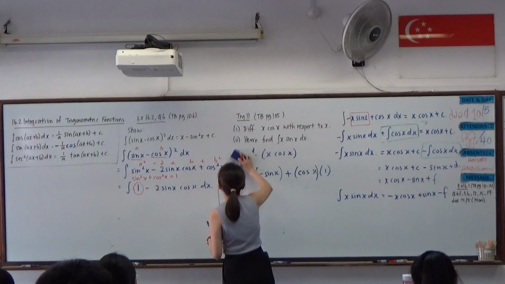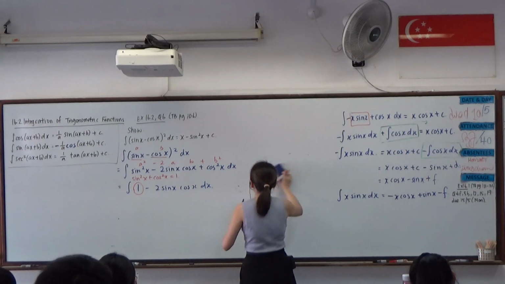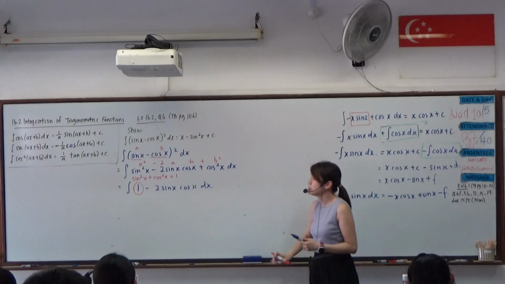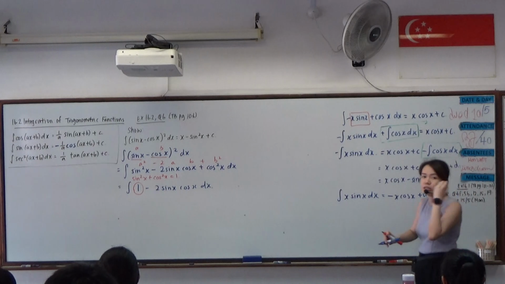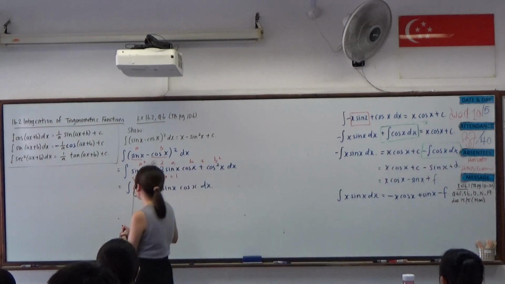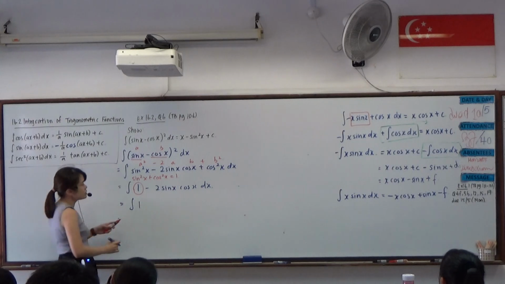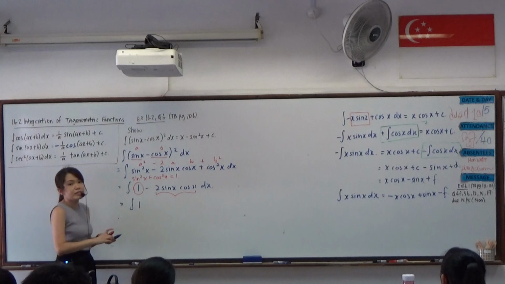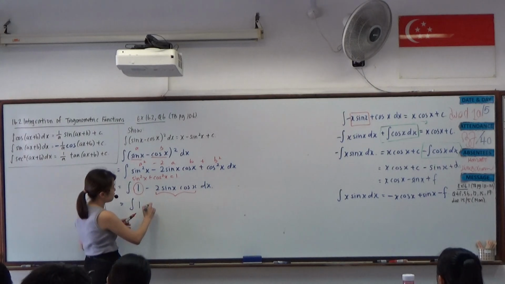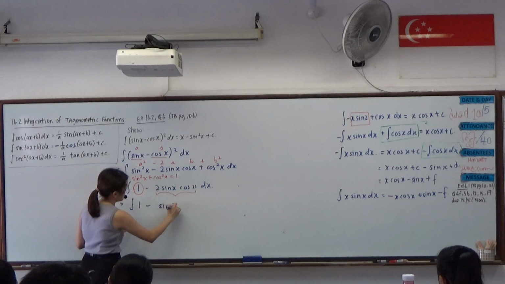But even so, we are still not able to integrate because we have 2 sin x cos x, which can't be integrated when we don't have any form of product rule. However, we recognize that 2 sin x cos x is equal to your double angle formula of sine, which is sin 2x.